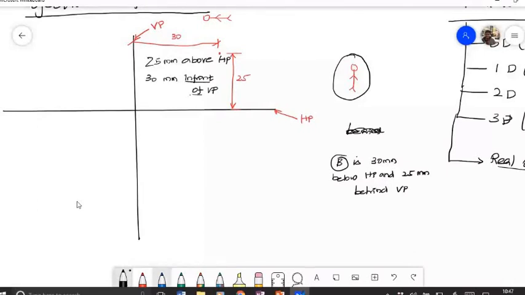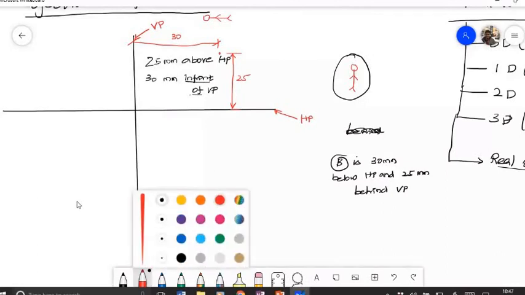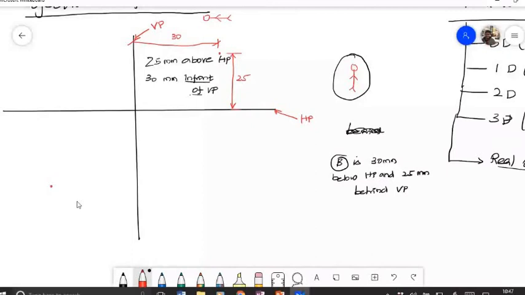Third quadrant. Are others able to visualize this? Yes, sir. So it is somewhere in the third quadrant. It is 30 mm below HP. This is my HP and it is 30 mm below HP, so this distance should be 30 mm. It is below HP and it is 25 mm behind VP, so this distance is 25 mm.